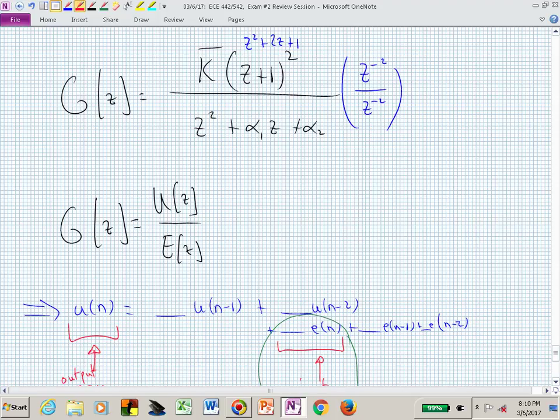It's second order, so I'm multiplying top and bottom by z to the minus 1 to give me everything in negative z powers, which now allows me to start writing my difference equation that includes a u[n minus 1] and a u[n minus 2]. And upstairs I have e[n], e[n minus 1], and e[n minus 2] with some kind of coefficients.